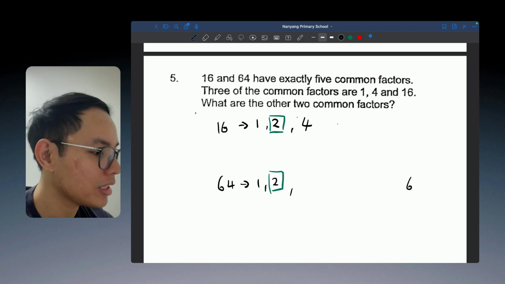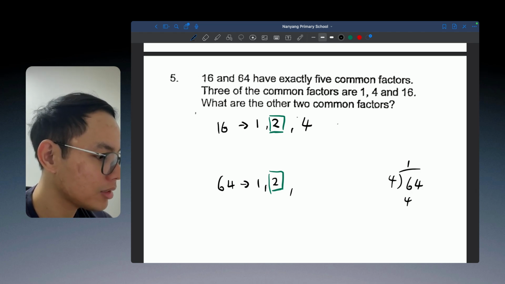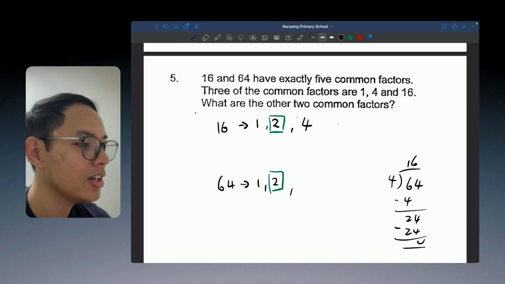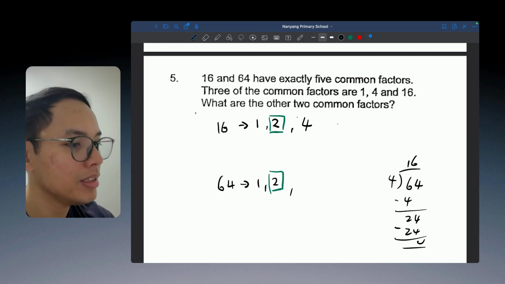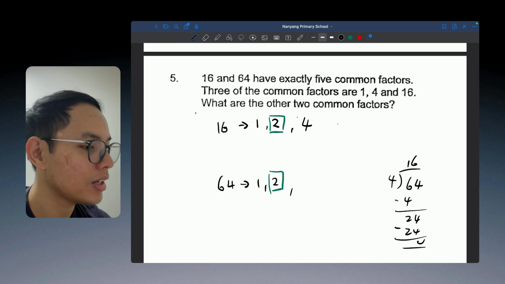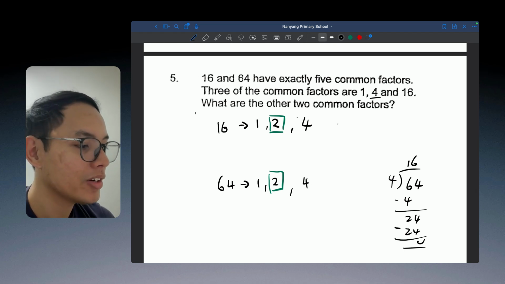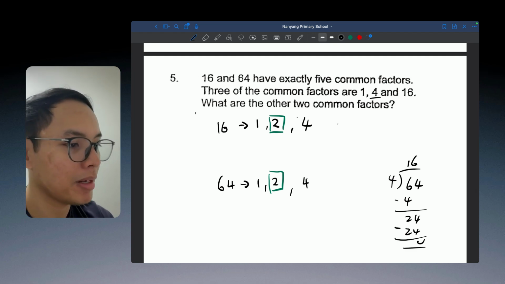If you want, you can try 64 divided by 4. You put 4 here, 1, and then this should be 24. So 24 minus 24 is 0. Right? 16 can. Yes. So essentially, 4 can divide 64. We don't need to do it because it already gave you the answer.